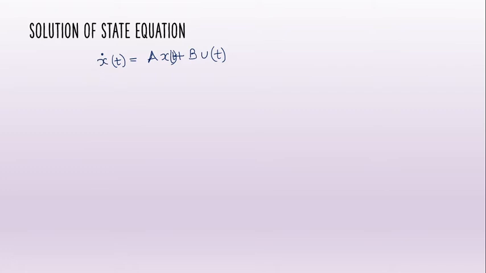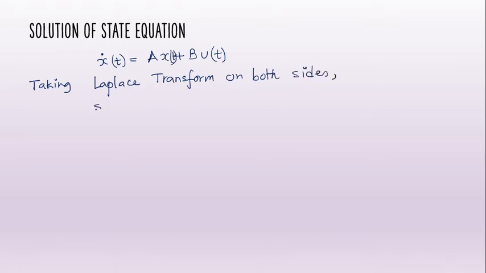So we are going to apply Laplace on both sides. Taking the Laplace transform on both sides, we get s times X(s), and there will be an initial value, x at t0.